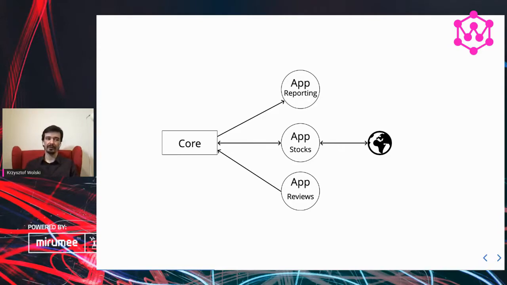Like I said, you can have multiple deployed apps. Some can be just consumers of webhook payloads, for example, for reporting. When you have to synchronize stocks, you need to be a middleman between core and an external service.